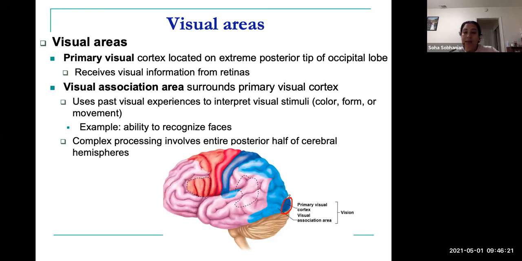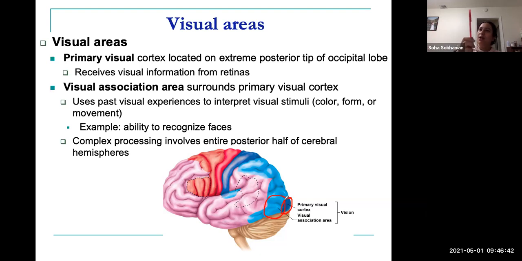The area immediately in front of this is called visual association area. So what I'm going to do now is use my previous knowledge, the years of experience that I have.